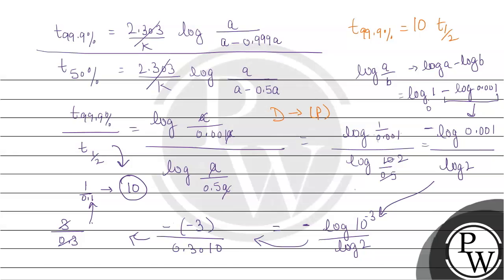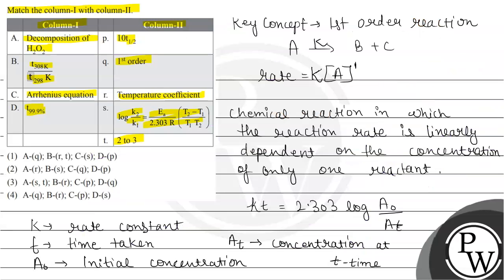Hence we can say we have a perfect match, that will be option number first.